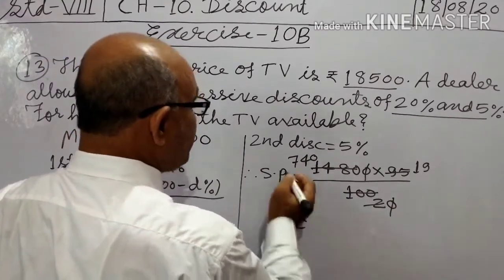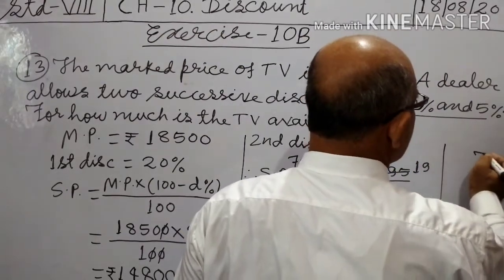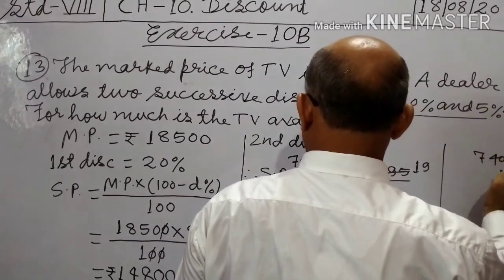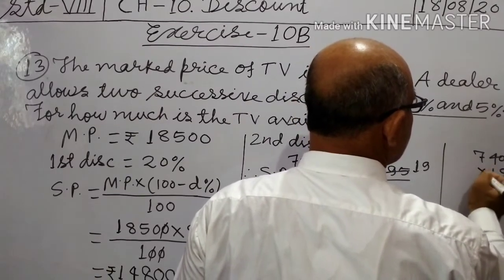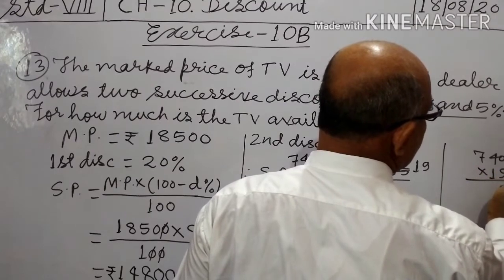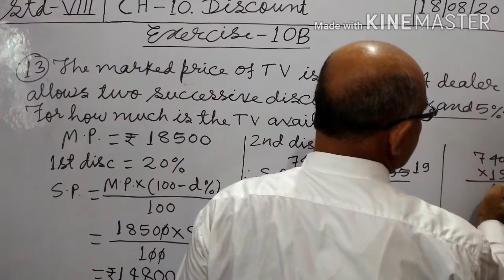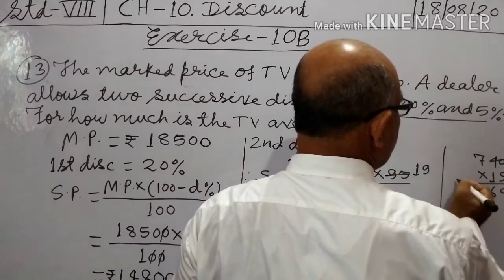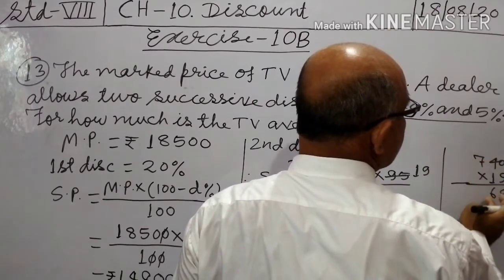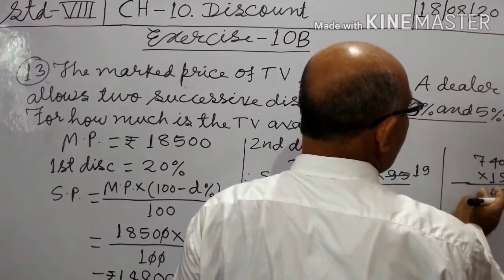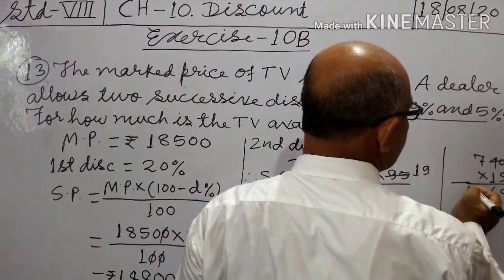Now 740 multiplied by 90. So multiply 740 multiplied by 90. 0 nines are 0, 4 nines are 36, write 6 carry 3, 7 nines are 63, 63 and 3, 66.